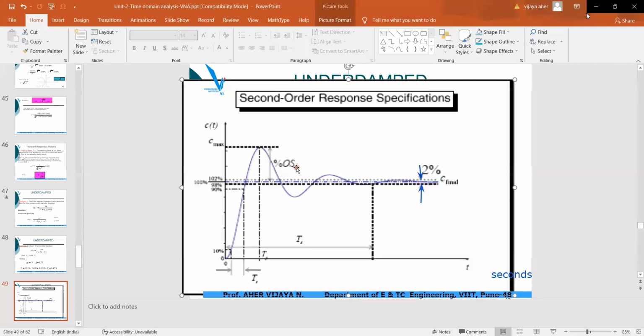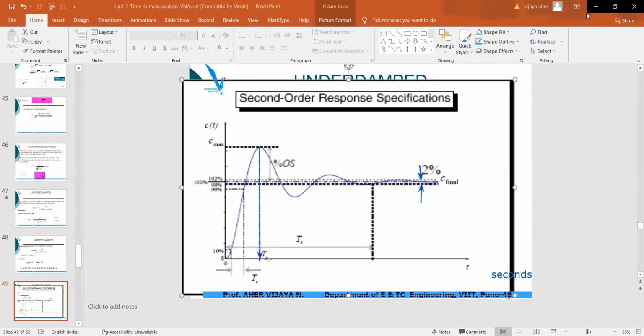Now, time required for your system to reach the maximum value of output is nothing but peak time. This is Tp, peak time.